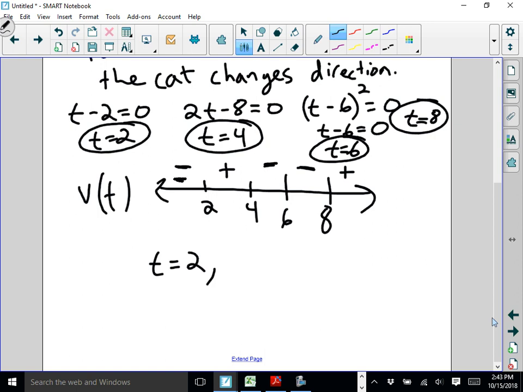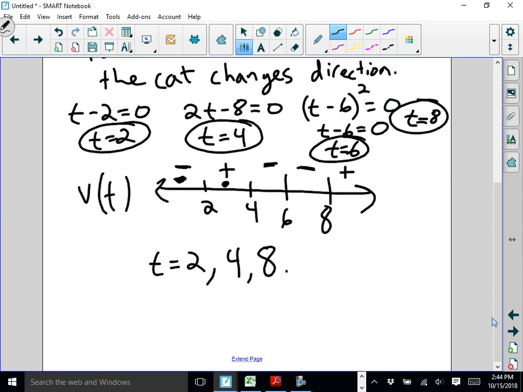T equals 4, velocity switched from positive to negative. But take a look. T equals 6 is not a place where the cat changed direction. It went left, stopped, and then kept going left. So t equals 6 is not an answer, but t equals 8 is. So t equals 2, 4, and 8 are times when the cat switched directions.